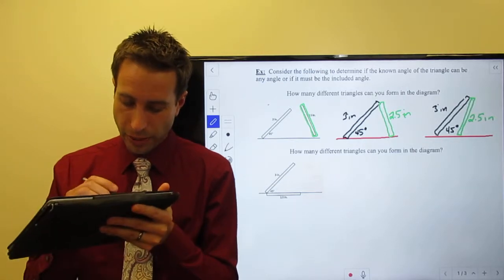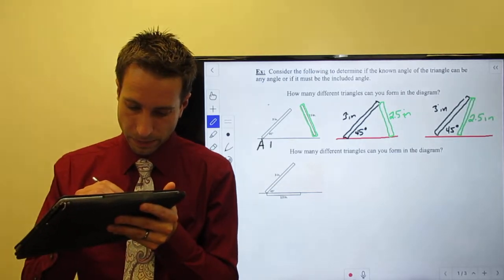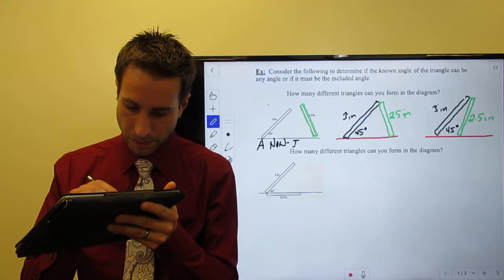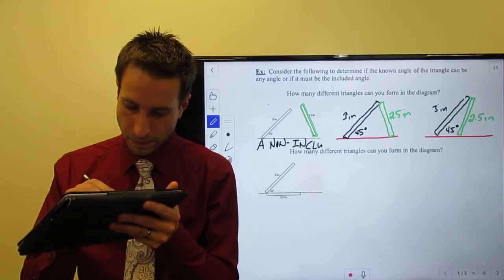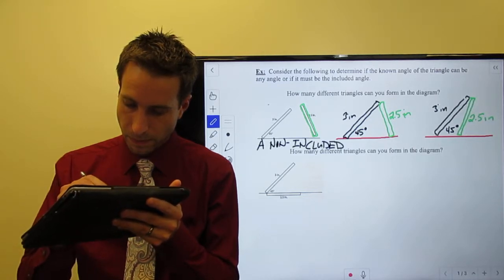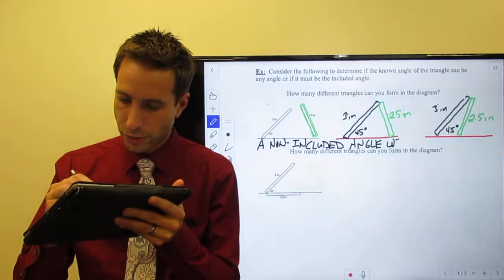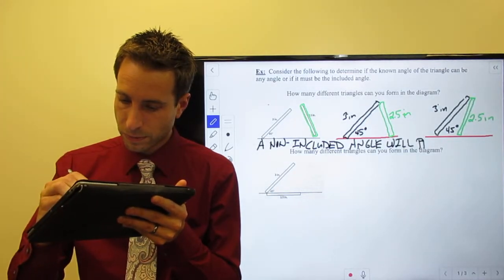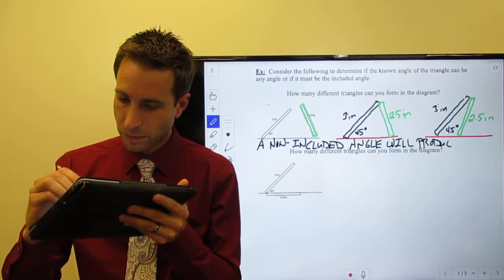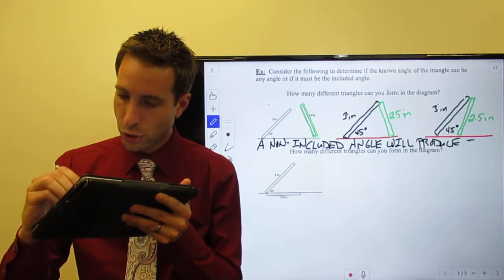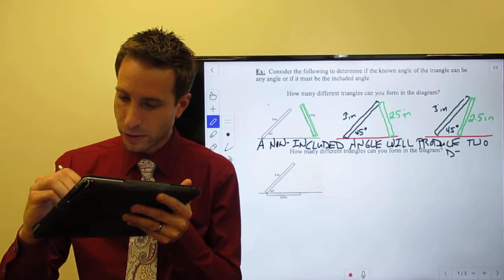A non-included angle will produce two different triangles.